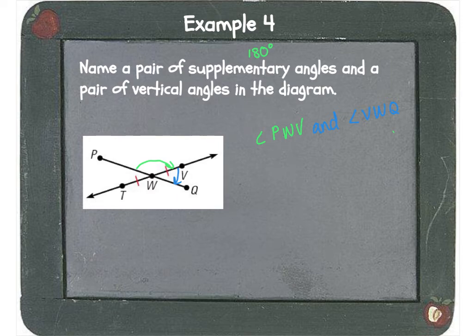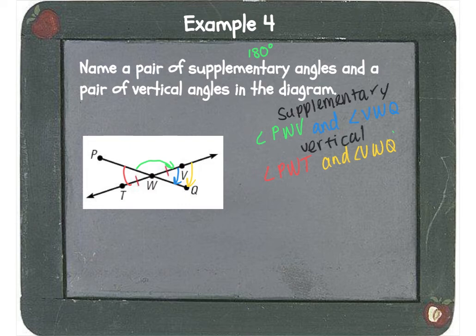And then pair of vertical angles. So vertical angles we could have said were PWT. And then also we could have said VWQ. So this first one were the supplementary. And the second one were vertical.